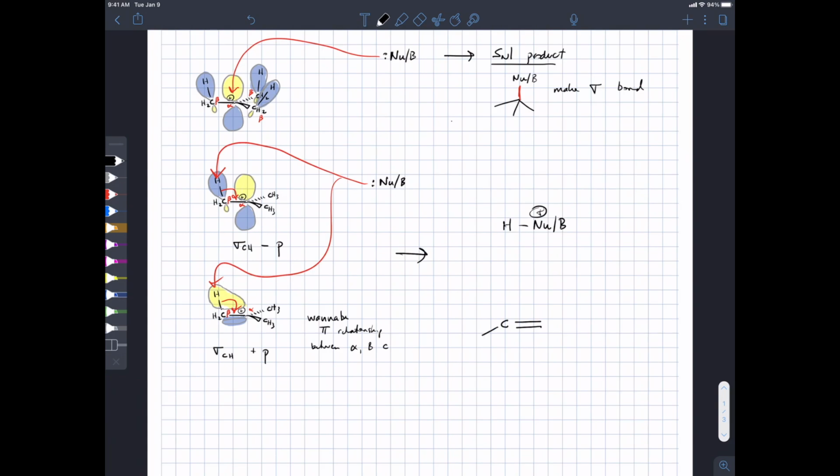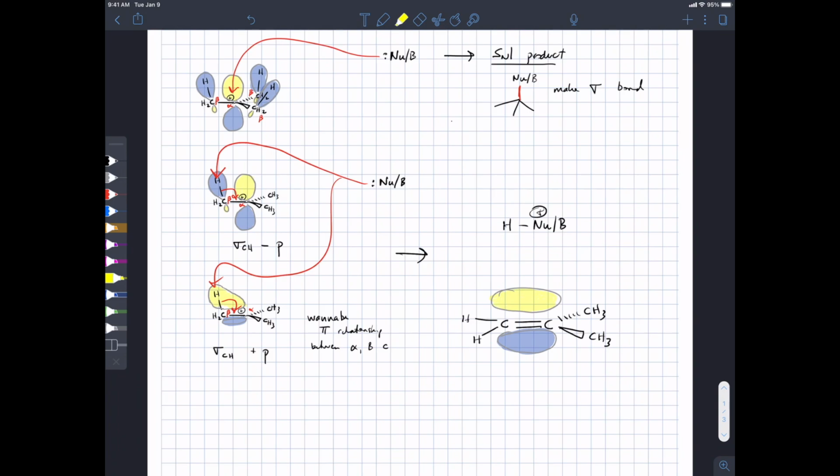The only thing that's changed is that the electrons that were shared between the beta carbon and the beta proton are now in an official pi bond instead of a wannabe pi bond, where they're sort of evenly shared between those two carbons.